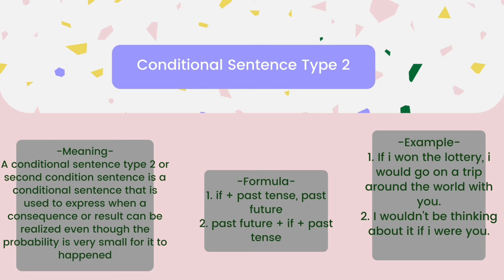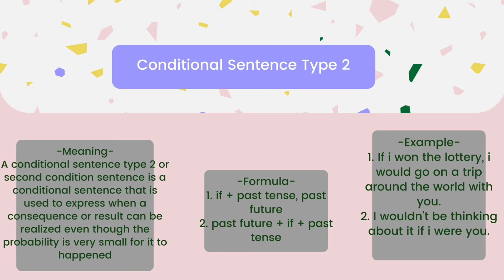The conditional sentence type 2 uses would, could, and might, which is used to explain how much the condition will occur. The formula of conditional sentence type 2 is if plus past tense, past future, and past future plus if plus past tense.